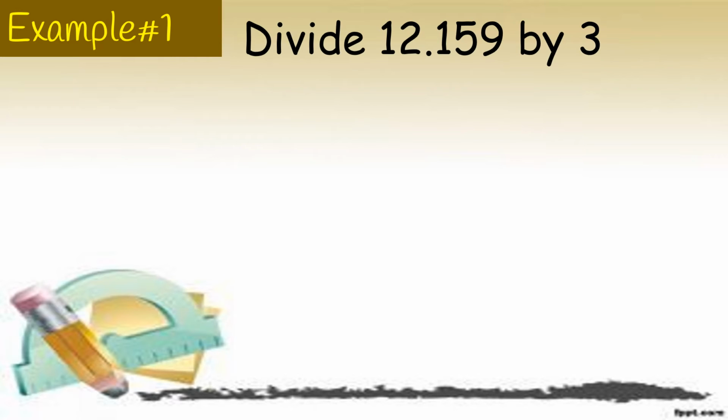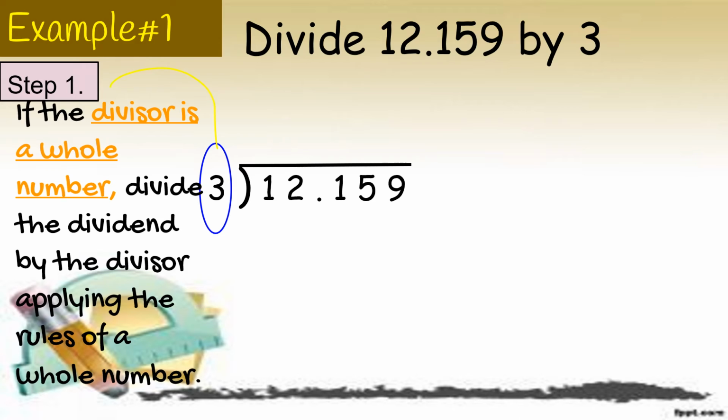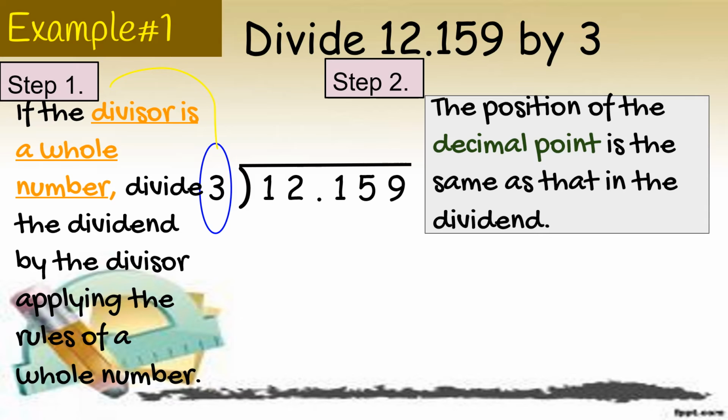Divide 12.159 by 3. 12.159 is the dividend, so it is inside the division bar. 3 is the divisor, so it is located outside. If the divisor is a whole number, then you will just apply the rules of whole numbers. Step 2 is to position the decimal point the same as in the dividend.